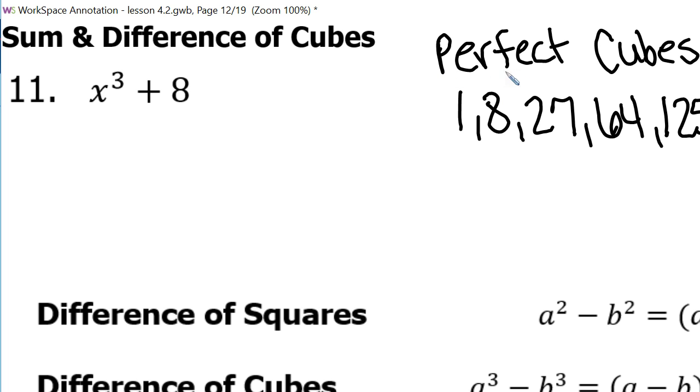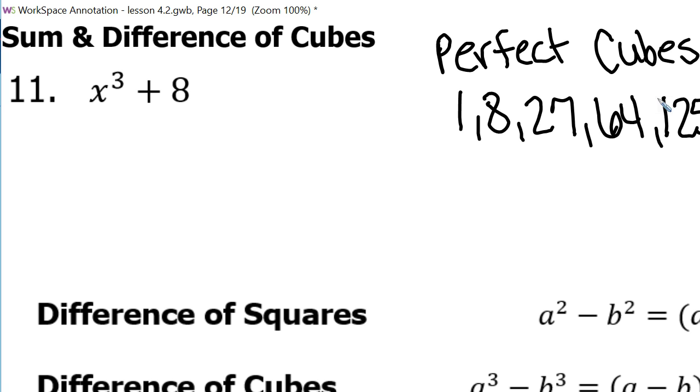What is 6 cubed? 216. What is 7 cubed? 343. What is 8 cubed? 512. I'll say dot, dot, dot, because those are getting pretty large pretty fast.